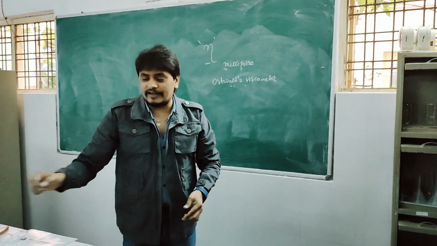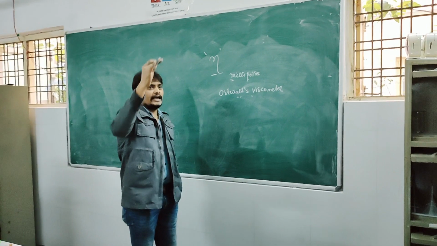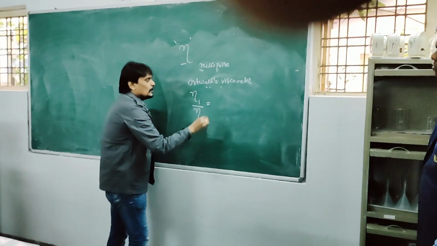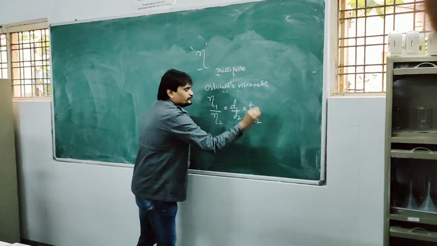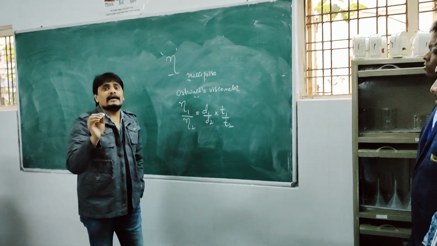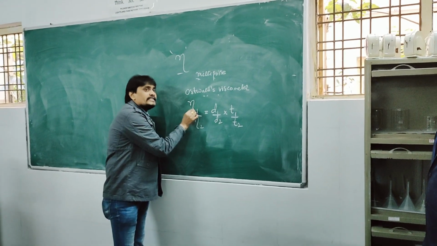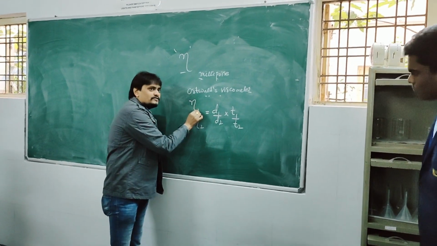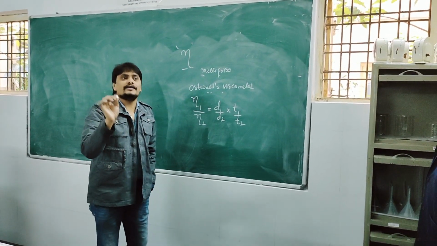The relationship is eta 1 by eta 2 equals d1 by d2 into t1 by t2. All the ones correspond to the standard or reference. Eta 1 is the viscosity of distilled water, the reference, which is the standard value of 8.9 millipoise.